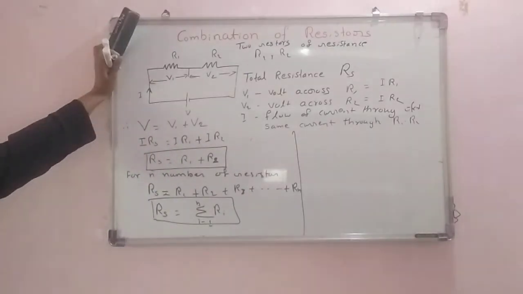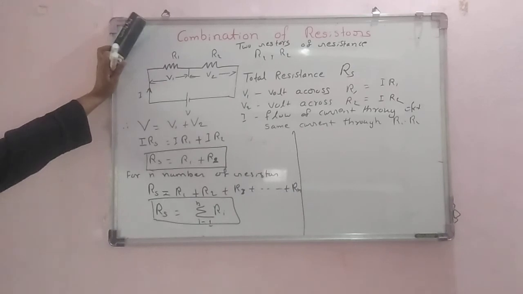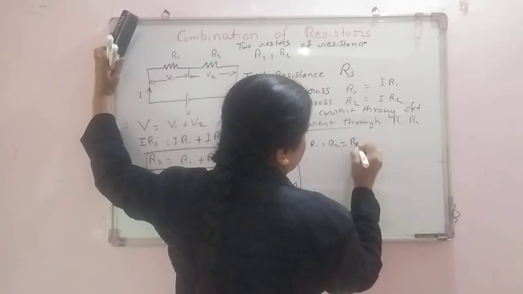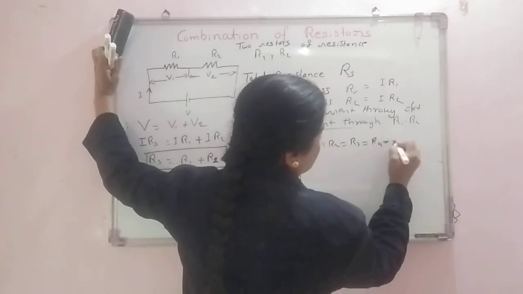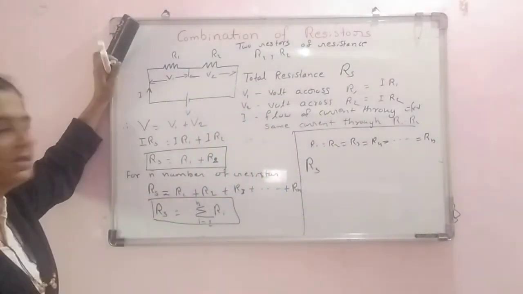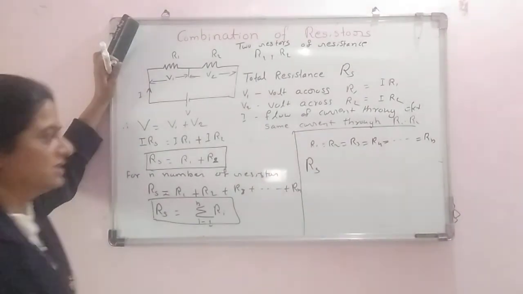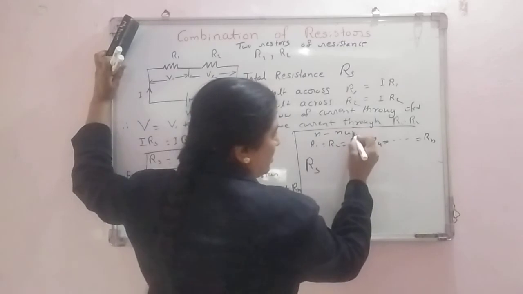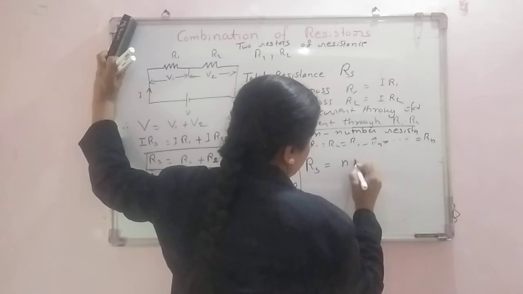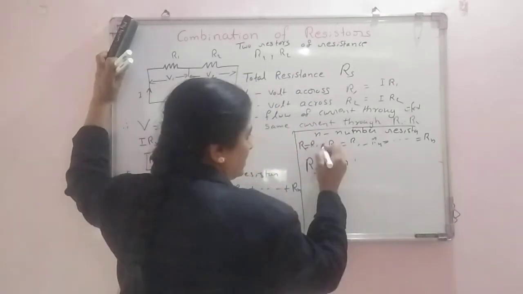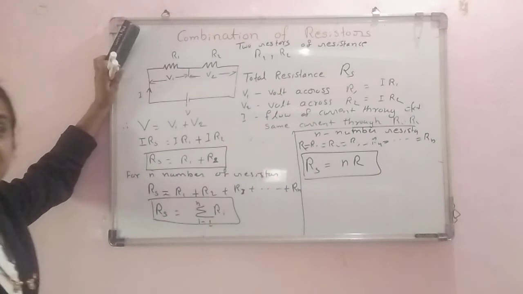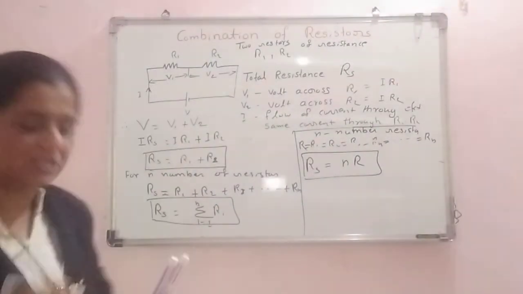If n number of resistors of the same value are connected, meaning R1 is equal to R2 is equal to R3 is equal to Rn, then in series combination the equivalent resistance for n resistors is n into R. This is the general formula for n resistors when the value of each resistor is equal.